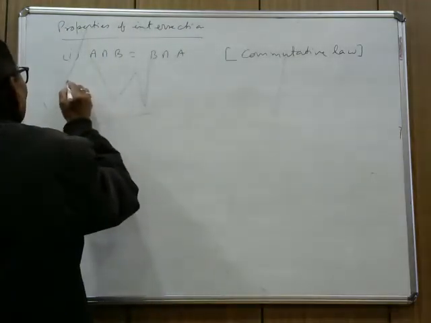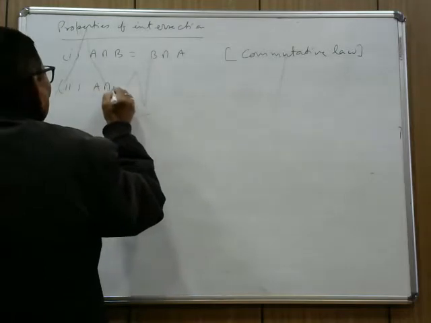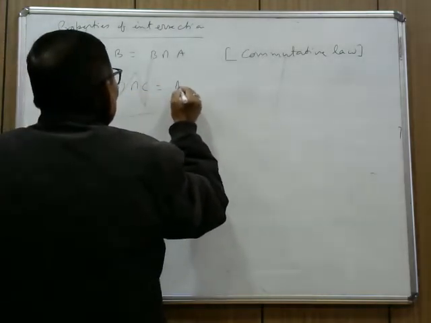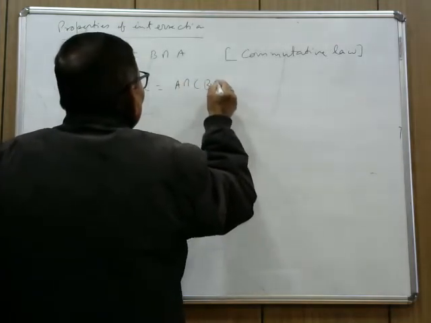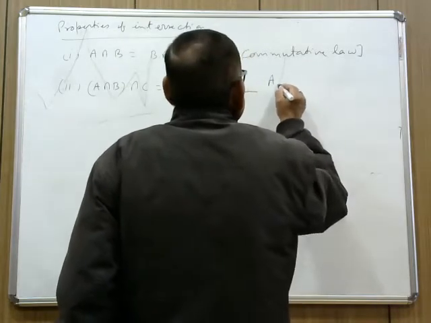Second, A intersection B intersection C equals A intersection B intersection C. This is called associative law for intersection.